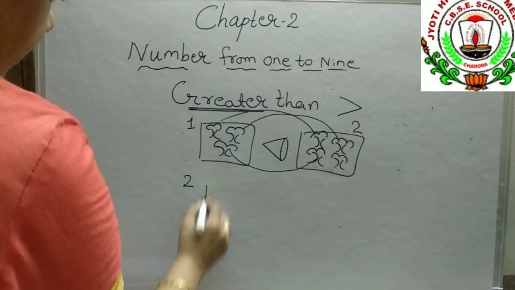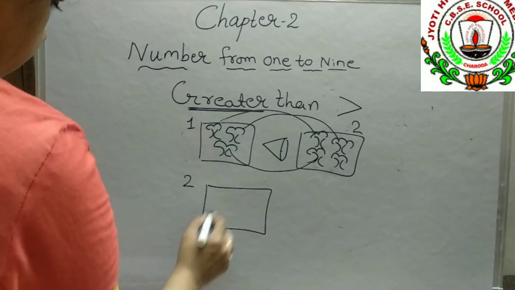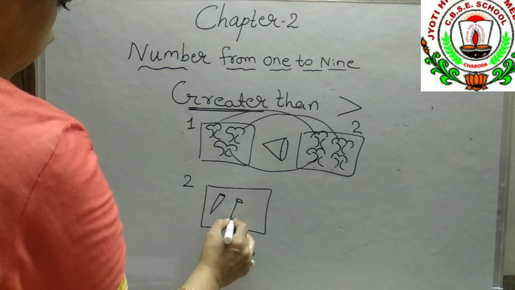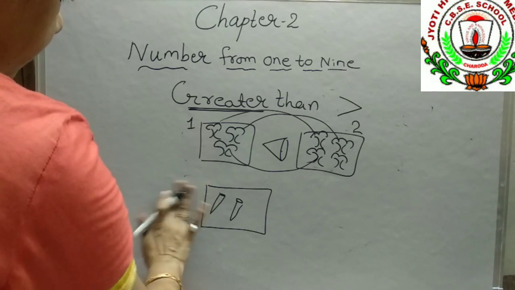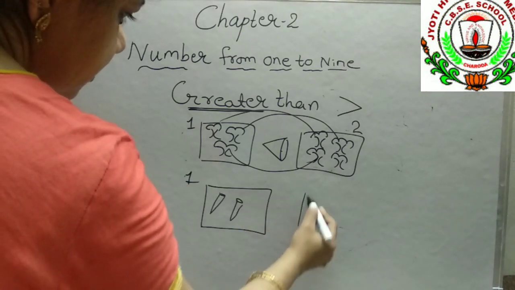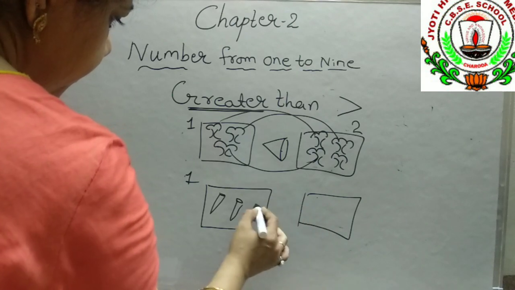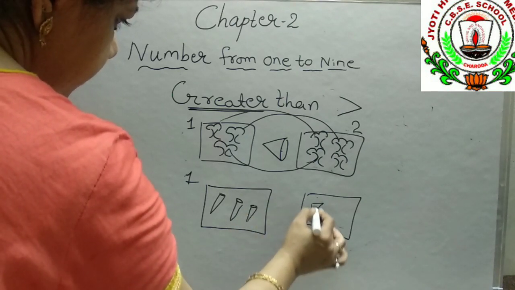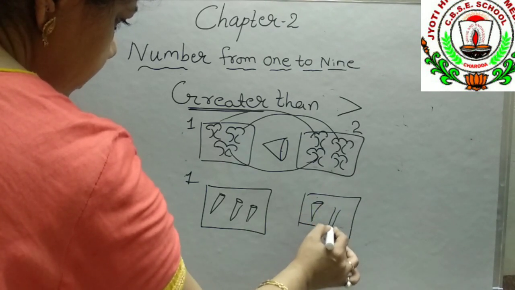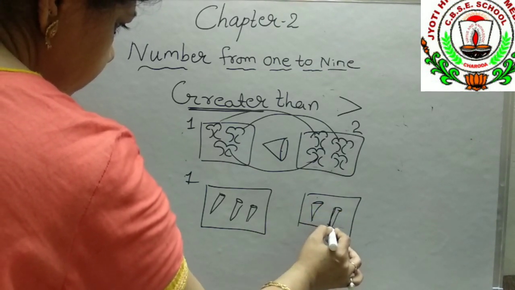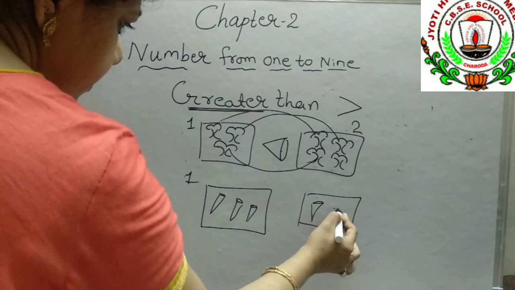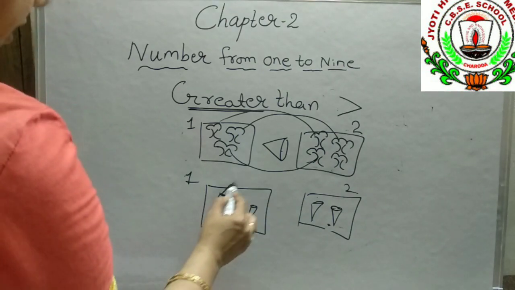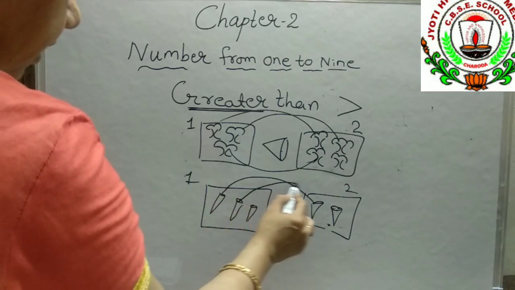Again we will see an example. Now I am drawing carrots in it. This is box number 1 and this is box number 2. Now we will compare which box has more carrots. One carrot, one carrot, two carrots, two carrots.